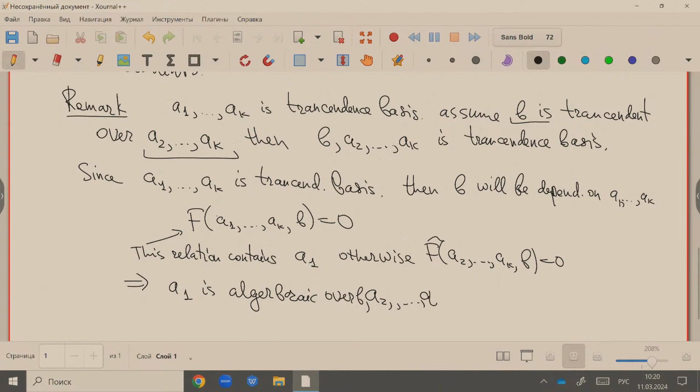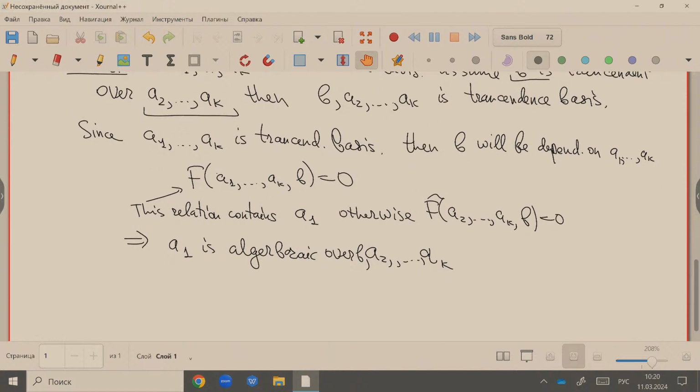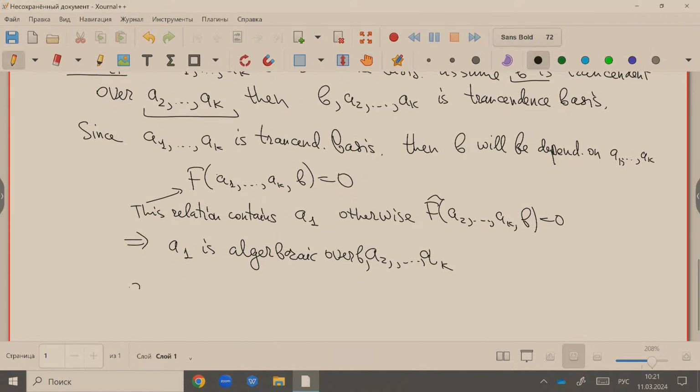Yeah? So if you change this basis for this one, then you just do the following. You notice that A1 already belongs to the algebraic closure of B, A2, ..., AK.